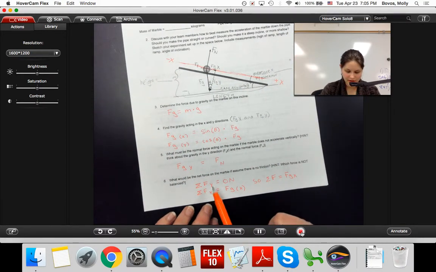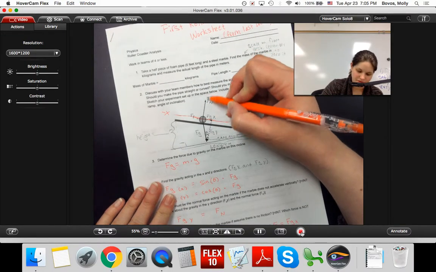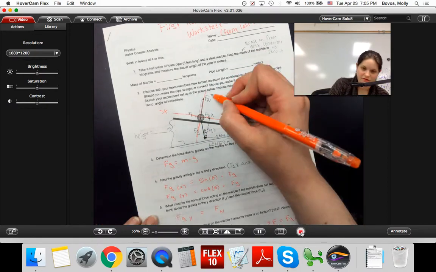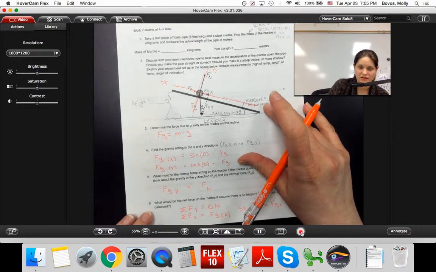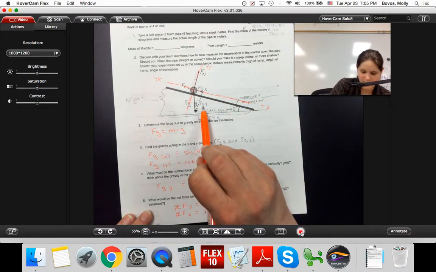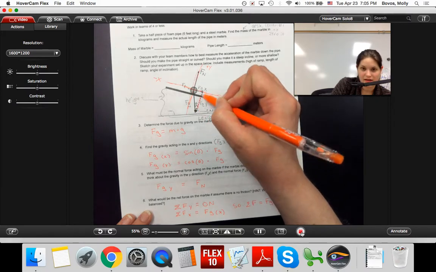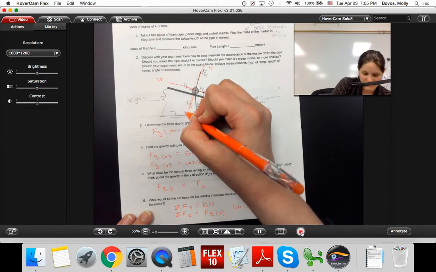Now, you've got your forces acting in the y direction, anything that's acting vertically. Your normal force acting vertically in the positive y direction, and then you've got your FGY, and see how that is acting in the negative y direction. So this is negative y down here.